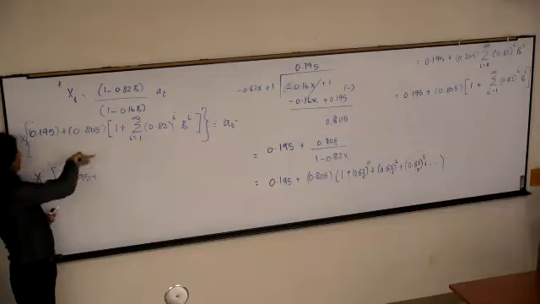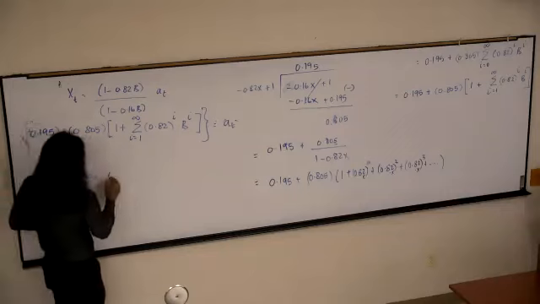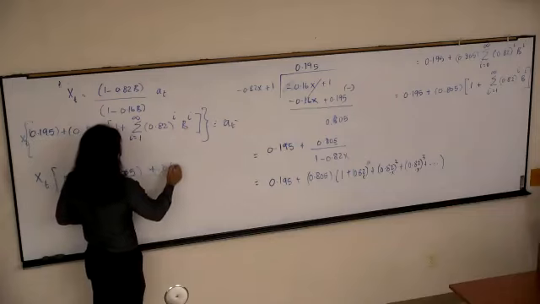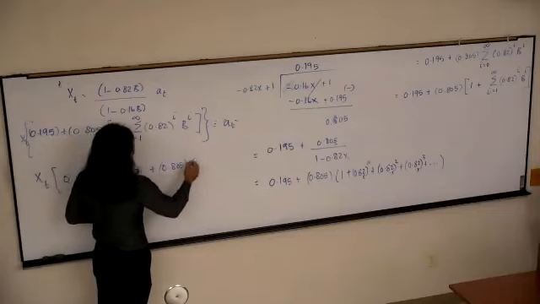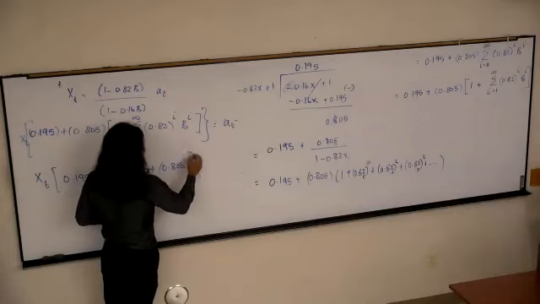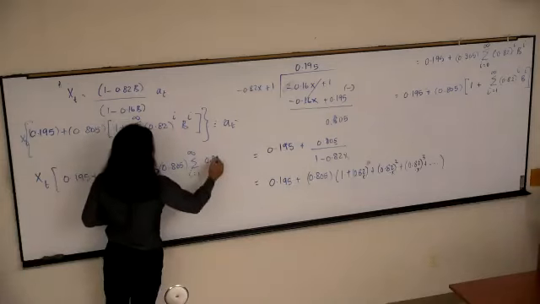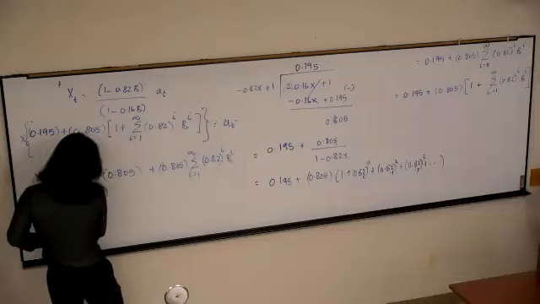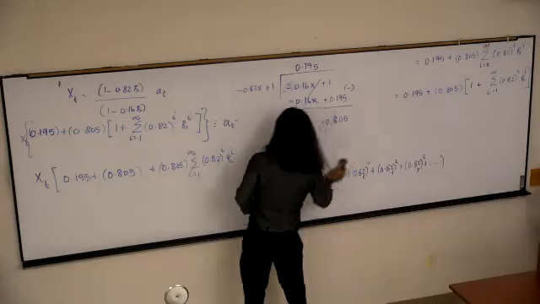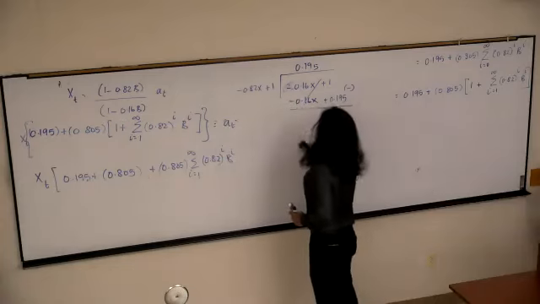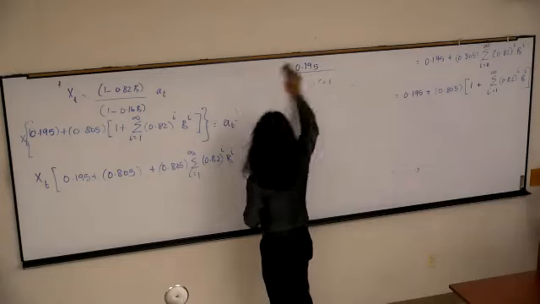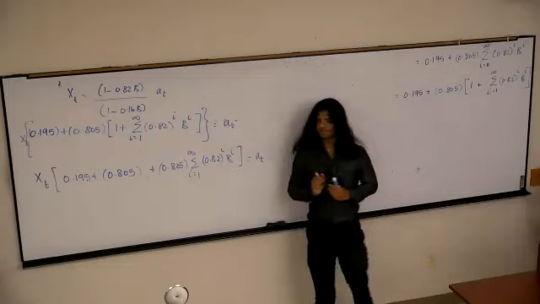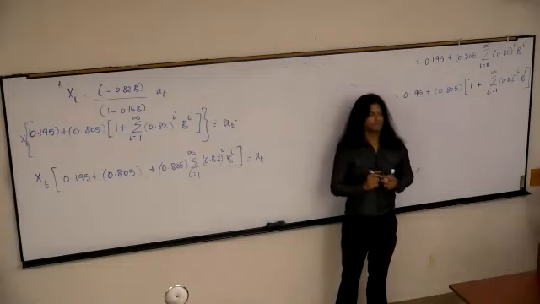Let's distribute that 0.805 inside, so 0.195 plus 0.805 plus 0.805 times the sum from i equals 1 to infinity of 0.82 to the i, b to the i, and that would equal a_t.